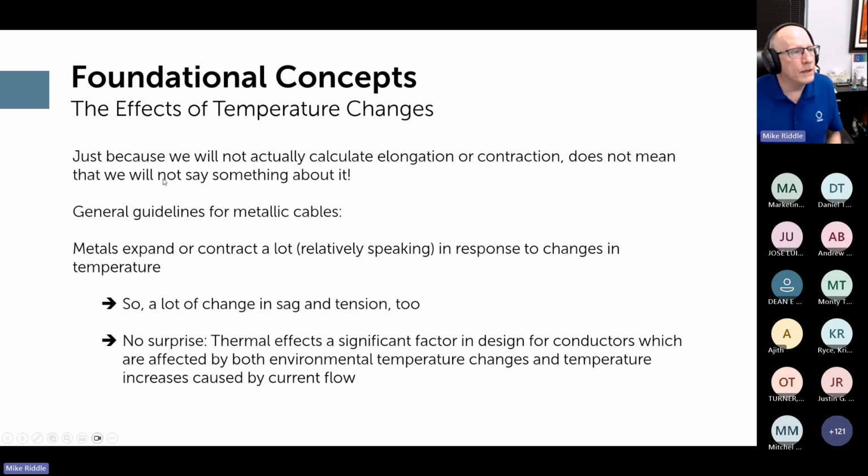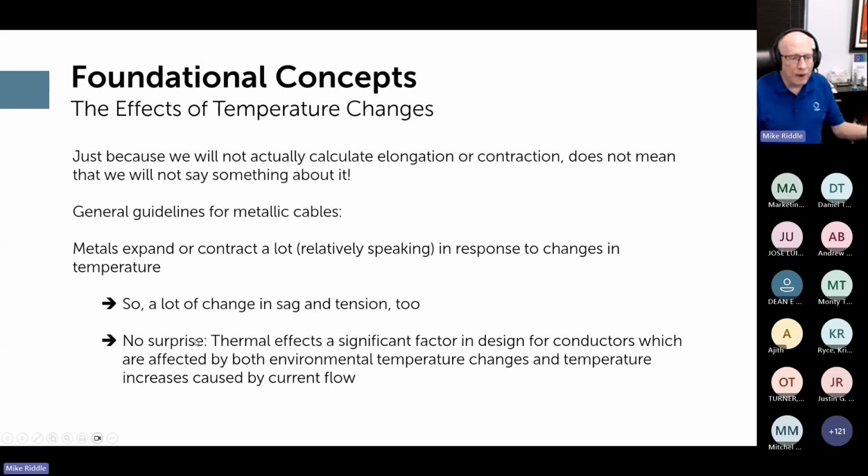So just because we're not going to actually show how to calculate it doesn't mean we're not going to talk about it, though. So general guidelines for metallic cables are that metals expand or contract a lot, relatively speaking, to non-metallic materials. So metals can expand or contract a lot in response to changes in temperature, again, relatively speaking. So what that means is you get a lot of change in sag and tension with changes in the temperature of a metallic conductor.